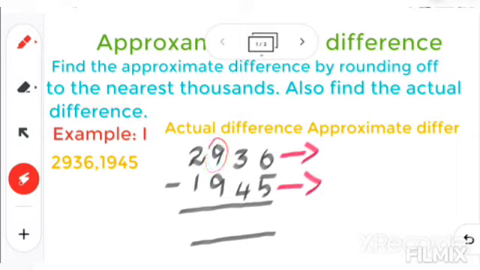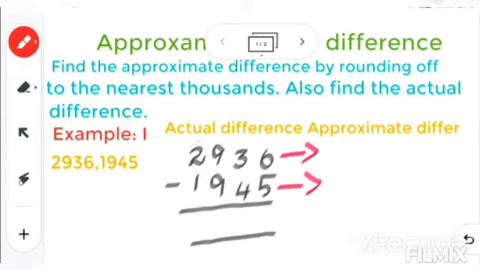If it is bigger than 5, then we add 1 in the thousands place. So here in the thousands place already 2 is there. So if we add 1, it will be 3 now. Okay, you are adding, you will make a change in the thousands place. So when the digit on the right side of the thousands place is bigger than 5, then you will add 1 in the thousands place. So here I am adding 1.